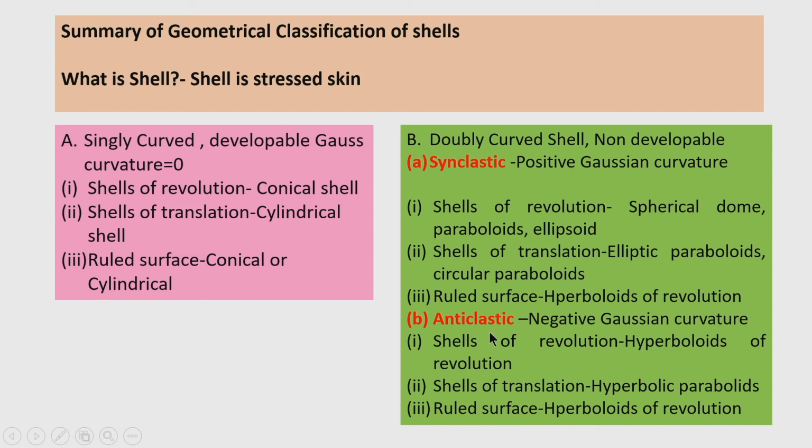Anticlastic shell has negative Gaussian curvature, and shells of revolution may be there in the case of anticlastic nature, and these are hyperboloids of revolution. Shells of translation may be there, that is hyperbolic paraboloids, and ruled surface is another category of anticlastic shell, that is found in hyperboloids of revolution.